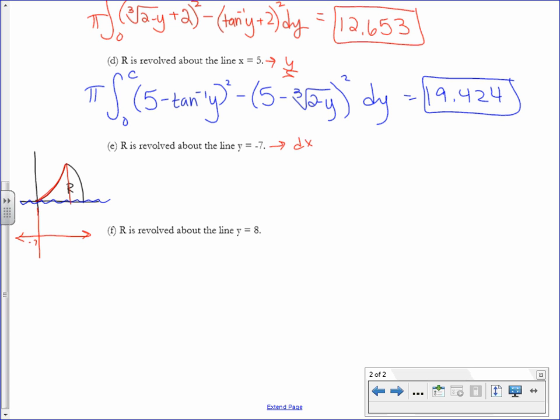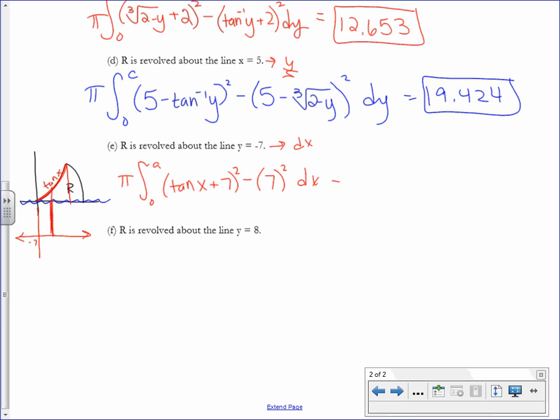My first integral is going to be pi times the integral from 0 to a, we called that a, of this curve right here, which is the tan x curve. So my outer radius from tan x to negative 7 is going to be tan x plus 7, squared. And then my inner radius just goes from negative 7 to the x-axis. Well, that's just 7 all the time.